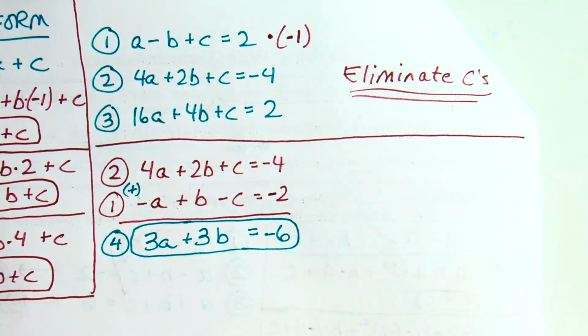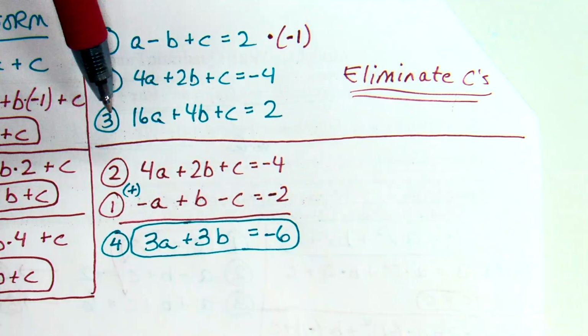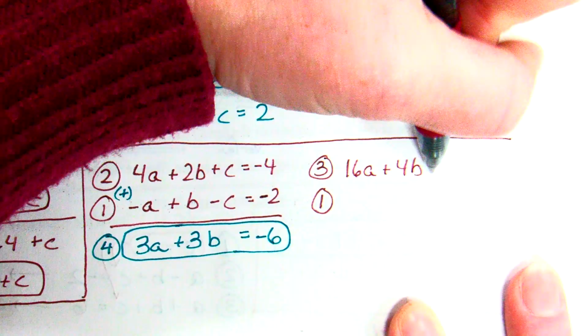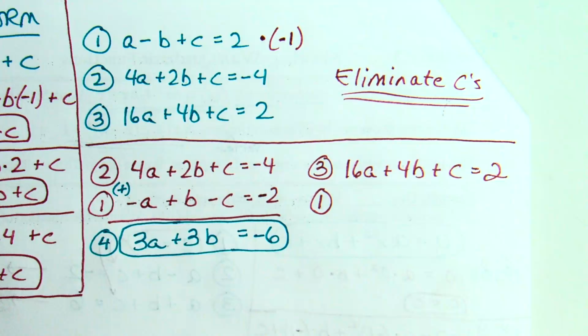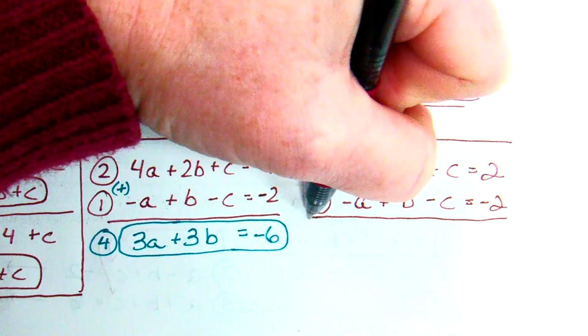Again, I'm trying to make life easy on myself. Can I take that negative version of 1 now and put it with 3? Okay. So if I'm doing that, that means I'm putting 3 and 1 together. 3 is 16a plus 4b plus c equals 2. 1, after I multiply it by the negative, is negative a plus b minus c equals negative 2.